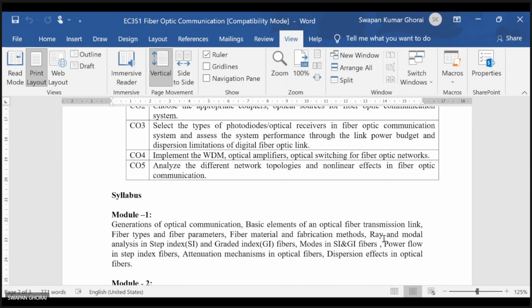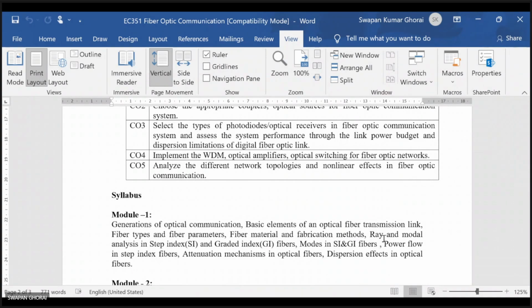Optical fibers are very, very low loss systems. That's why you can use them for very long distance systems, but that doesn't mean that fiber optic systems are lossless. Some losses are there. So we'll see what the different causes of these attenuations are.